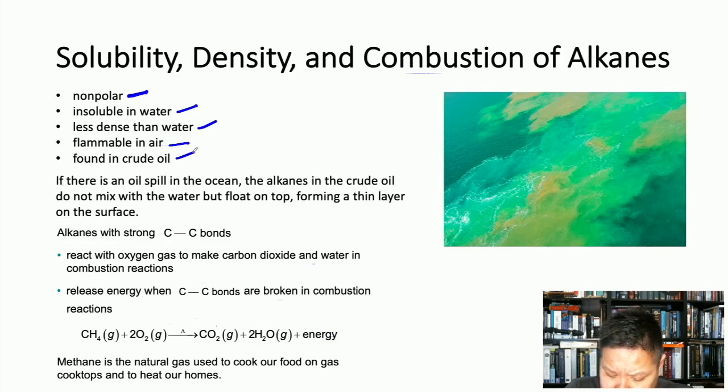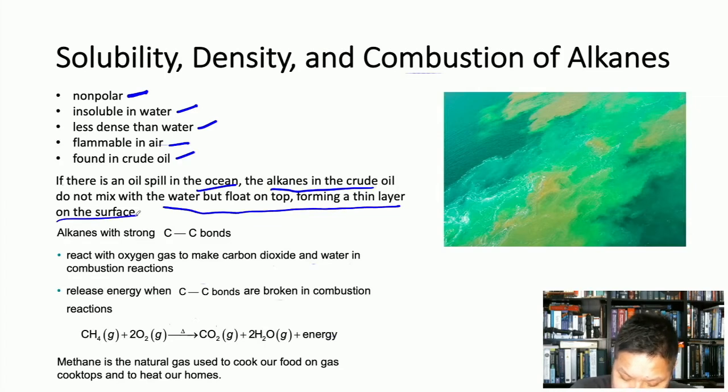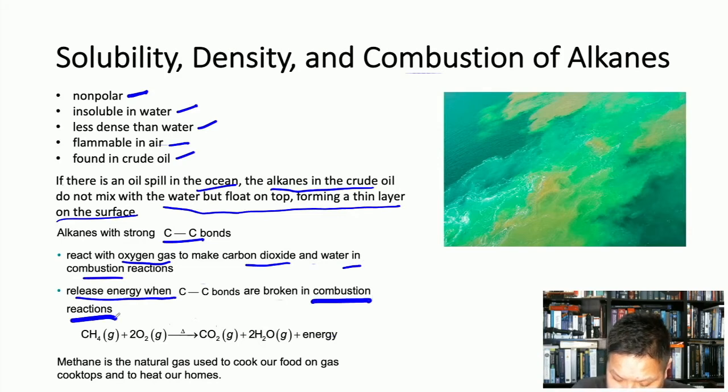Alkanes are found in crude oil, and when there's a spill of oil in the ocean, those alkanes don't mix with the water, and they're floating at the top of the water, forming a very thin layer on the surface.